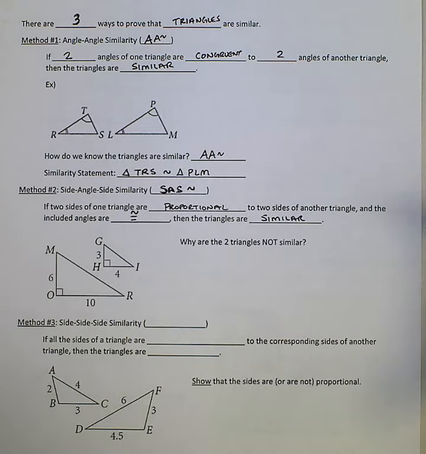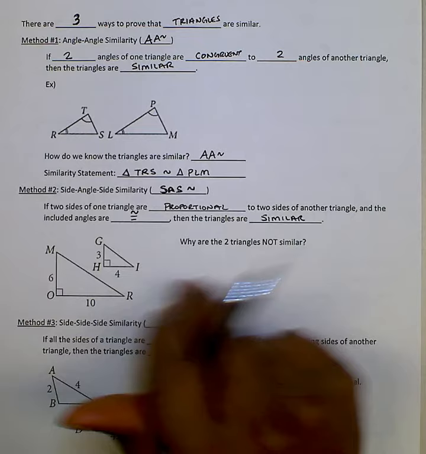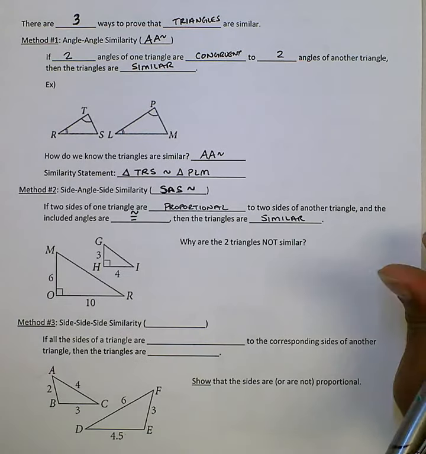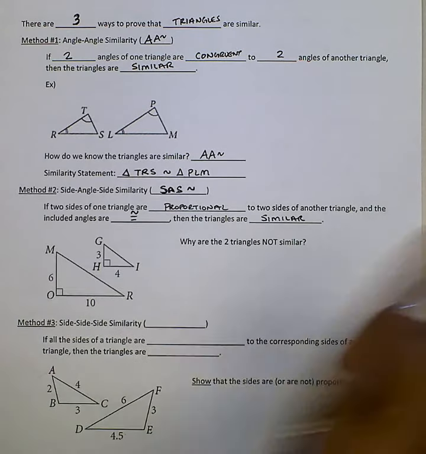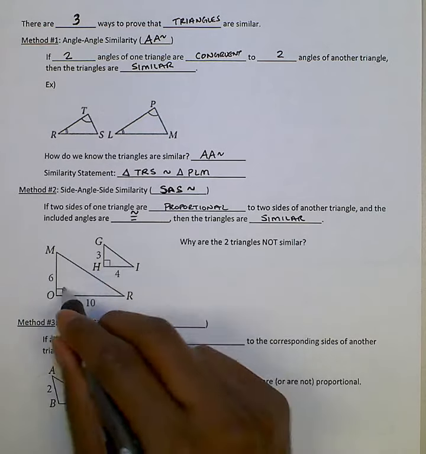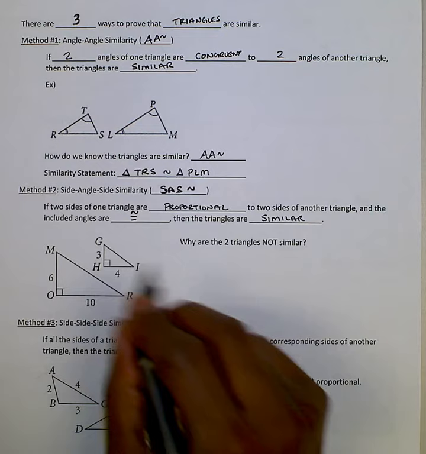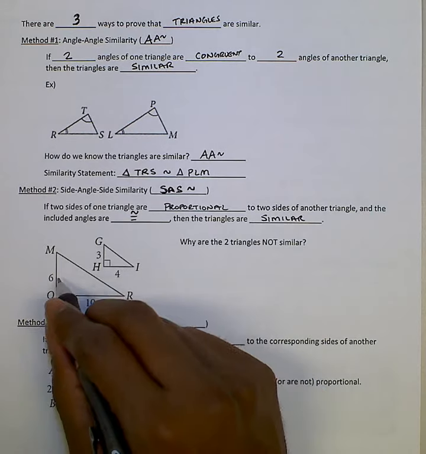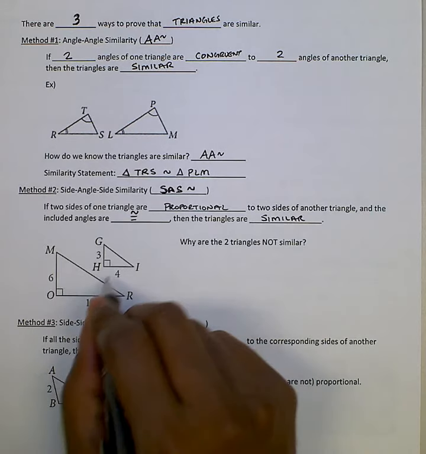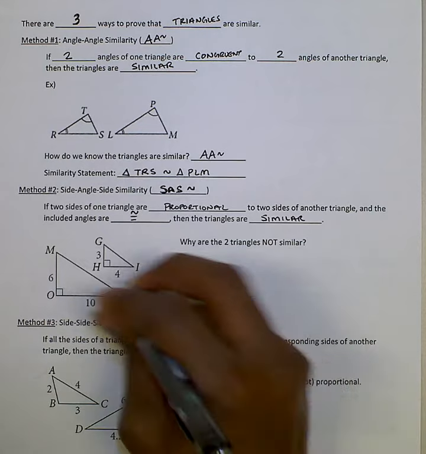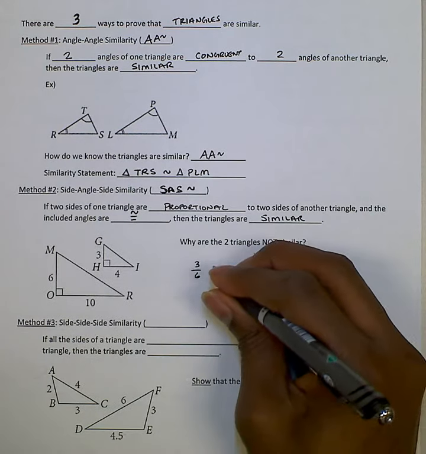And so when we look at this example, it says, why are the two triangles not similar? Well, let's look at what we got. We got two sides, and we have the angle in between them congruent. So why are they not similar? Well, we always have to make sure that our sides are proportional. So 3 over 6, I did small over big, equals 1/2.